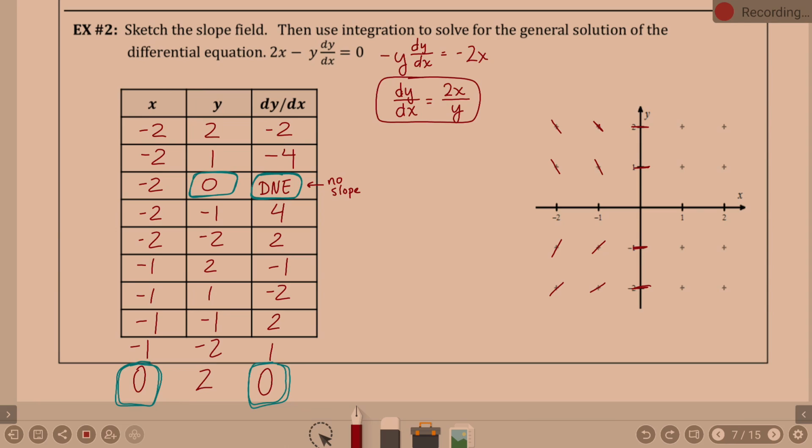So what's it going to be over here? +1. And again, if you don't trust yourself, plug them in. But we're just changing the x values, so there are still the same y values, and it's just going to change the sign. So I'm not filling out any more chart. I'm using my chart to go. Okay, so that becomes +1.